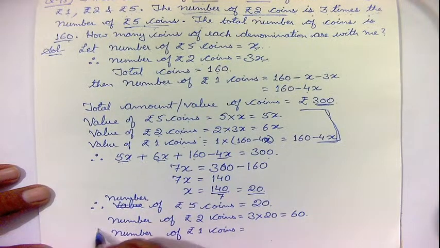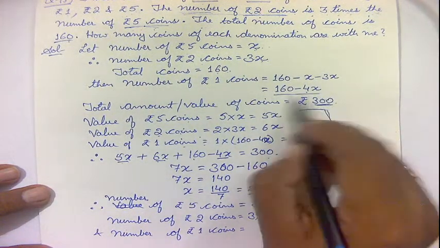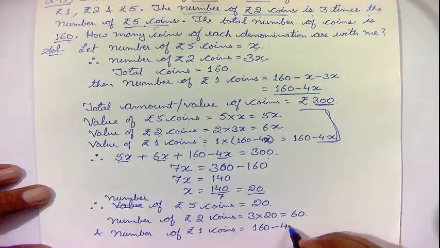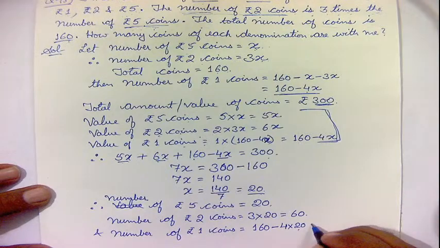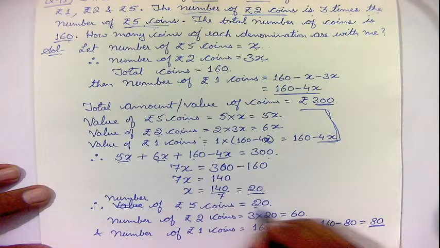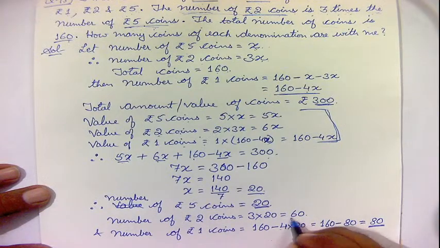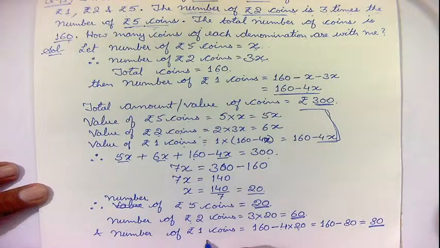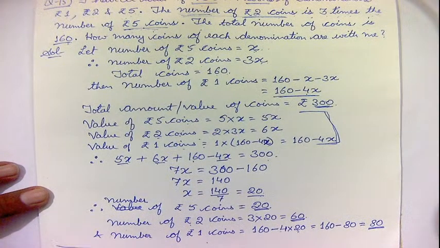Now how many 1 rupee coins are there? 160 minus 4X, means 4 multiplied by X, and the value of X is 20. So this is 160 minus 80, and this gives us 80 coins. So there are 20 coins of rupee 5, 60 coins of rupee 2 and 80 coins of rupee 1. So this is the solution for question number 15.